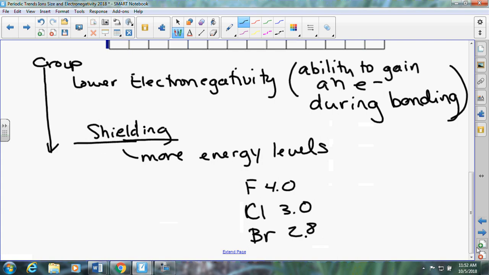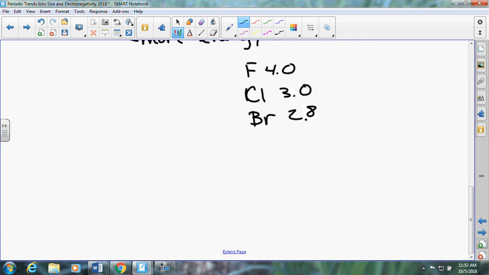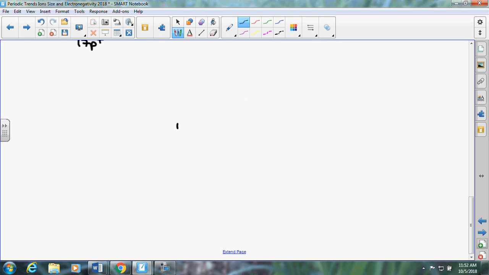You have to step back and think, okay, what makes these different? 9 protons for fluorine. Chlorine has 17 protons. Bromine has 35 protons. And the iodine has 53 protons.